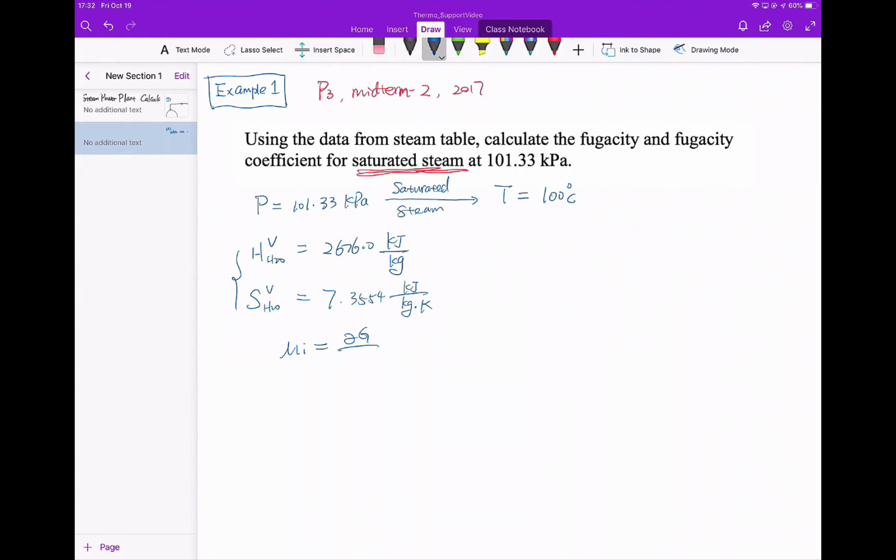The definition is dG over dni, which we discussed, at T, P, nj prime. And then, as I mentioned, we always use this energy definition, H minus TS as number 1. And then the other is d mu i. The definition of fugacity is RT d log Fi. Keep in mind that the temperature is not changing. This is a fixed value.